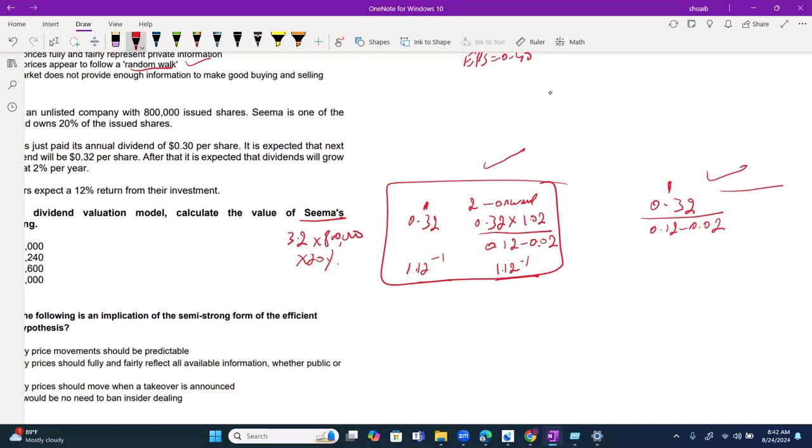But I usually follow this technique. Next year's dividend, the year 1 dividend, is given. Next year it grows, so I usually make a next year and then solve in this way. But you can solve with this technique as well. Examiners usually follow this, but ultimately both answers are the same.